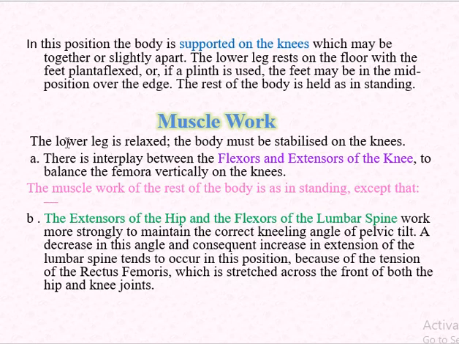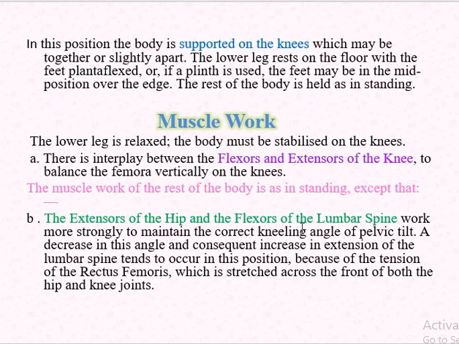Muscle work. The lower leg, as you know, in kneeling position is relaxed. The body must be stabilized on the knees. There is interplay between flexors and extensors of the knee to balance the femora vertically on the knees. The muscle work of the rest of the body is as in standing position, except that exceptions are there.